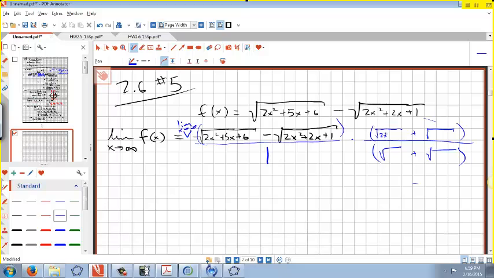Here's 2x squared plus 5x plus 6, here's 2x squared plus 2x plus 1, and then this is the exact same thing. And then this one is 2x squared plus 2x plus 1. All of these things are under the square root.